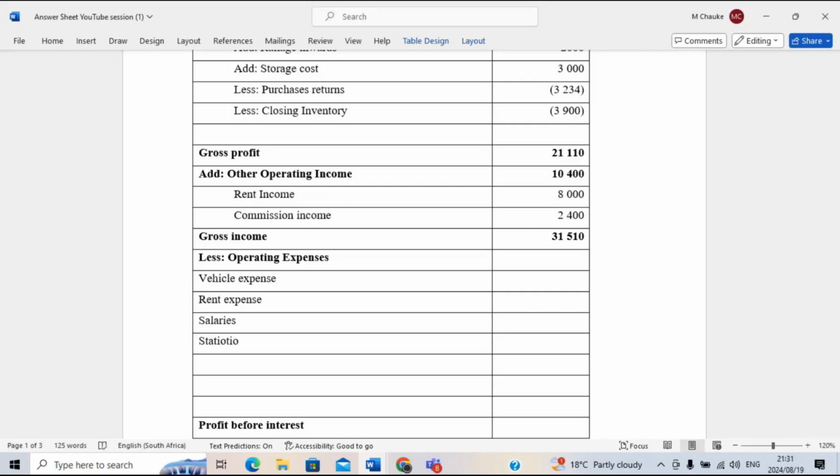I thought you would put amounts as well so that you finish, but no problem. Stationery. Salaries. Telephone. Insurance there.